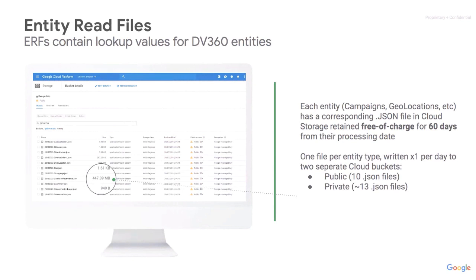Entity read files, in simple terms, are flat files contained in Google Cloud Storage, and they contain lookup values for DV360 entities. As you can see here, it's a screenshot of our entity read files, and they can be separated into 2 buckets.